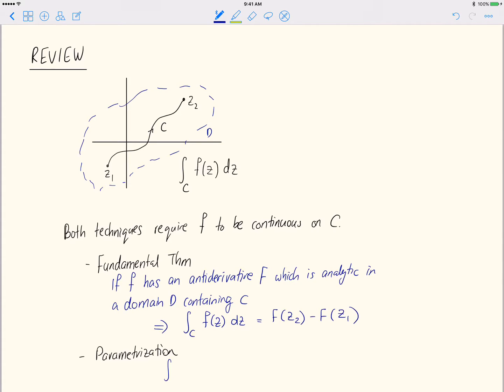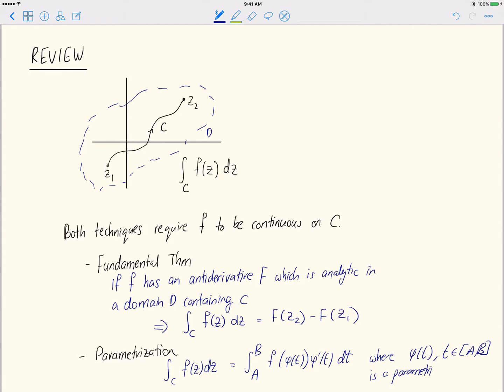The integral of f of z dz along C is equal to the integral from a to b of f of phi of t times the derivative of phi dt, where phi of t, with t going between a and b, is a parametrization of C. So those are the two techniques which we've spoken about so far.